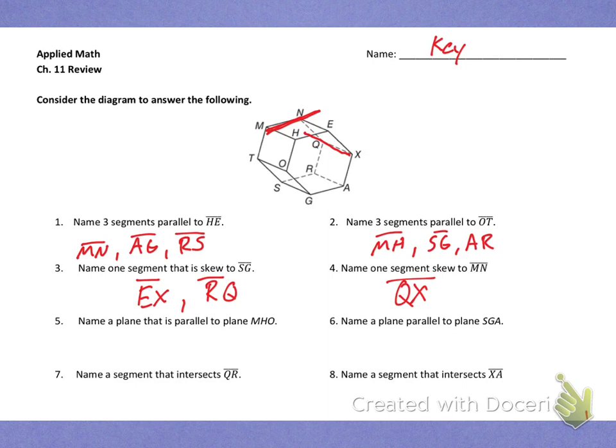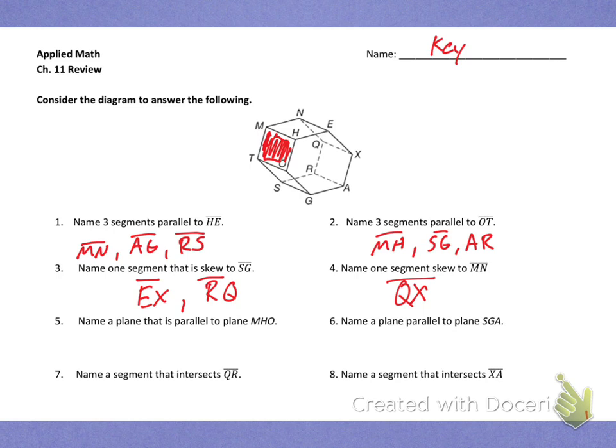Name a plane that is parallel to plane MHO. So I'm looking at a plane here. Remember, that's 3 letters, so MHO is going to be this side or this part of this diagram. And then also I need to find a plane that is parallel to it, so one that's never going to touch it.